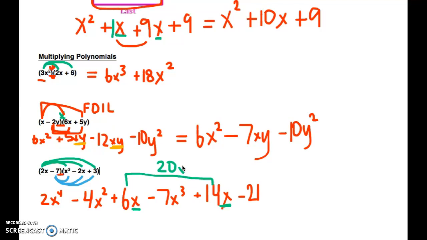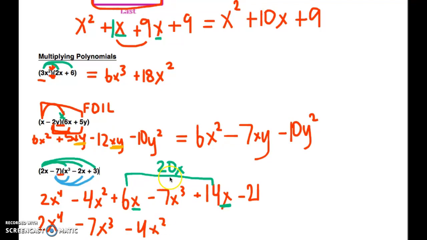Alrighty, so now we're going to rewrite our polynomial from the highest degree to the smallest degree. So I have 2x to the 4th. I have a degree of 3 here, so let's put that next. 7x to the 3rd. Okay, I have degree 2 here, so minus 4x squared.